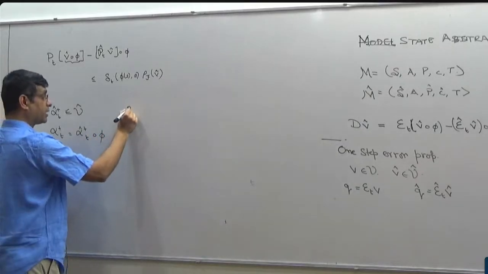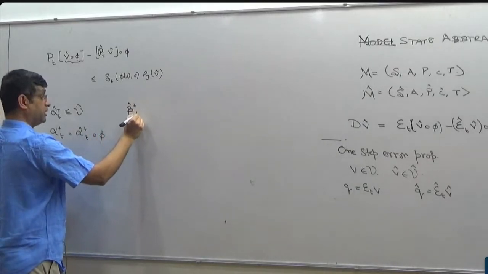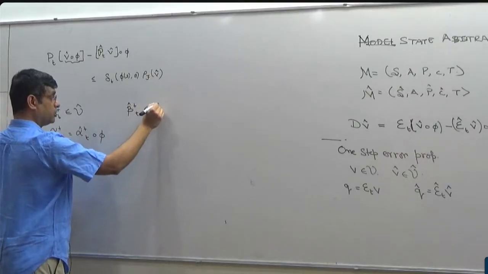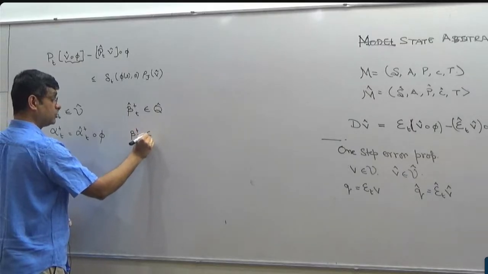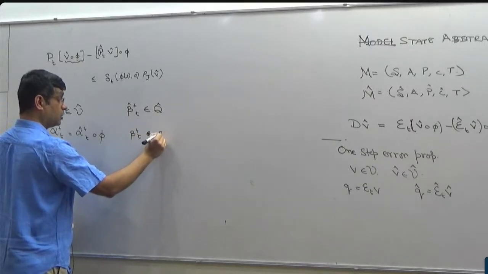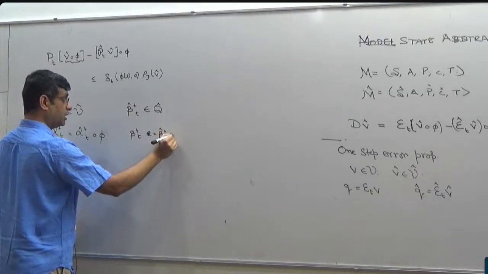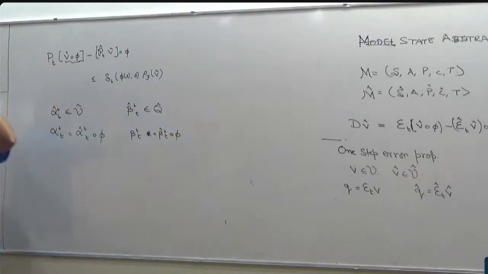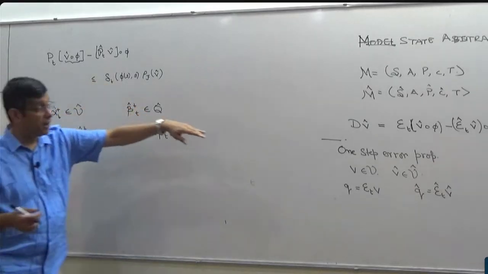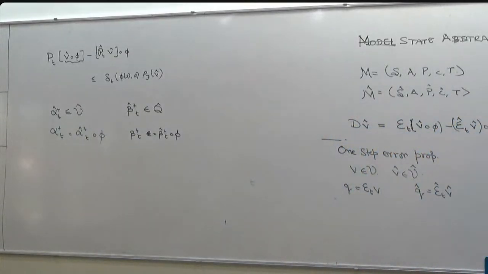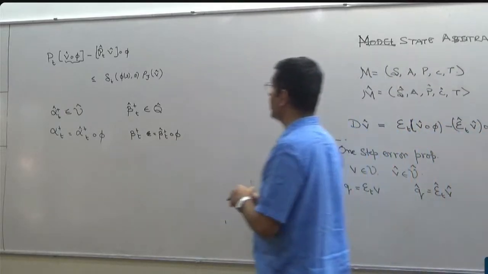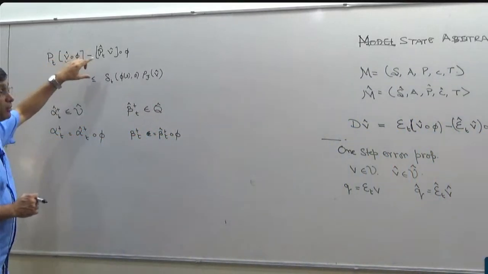I will get a beta hat plus t, which belongs to Q hat, and I will set beta plus t to be equal to beta hat plus t composed with phi. So, in order to get these bounds, I am getting upper and lower bounds which depend on just this guy. I am keeping it measurable with respect to the hat model, and that ensures that I can get bounds in my calculations.